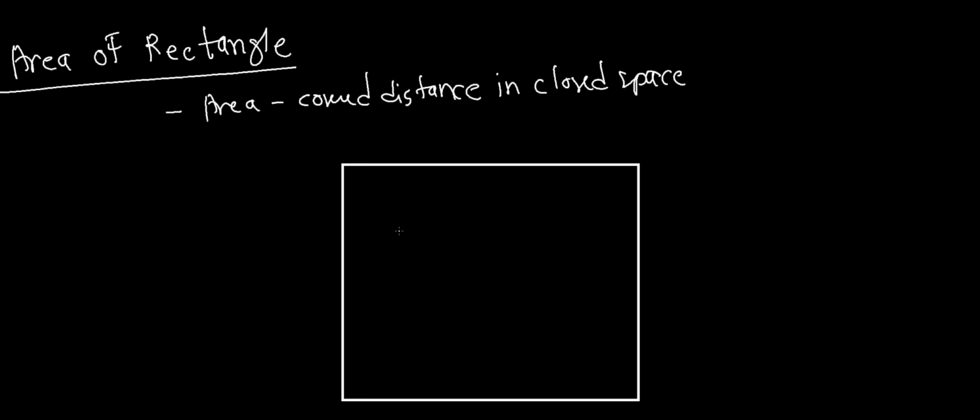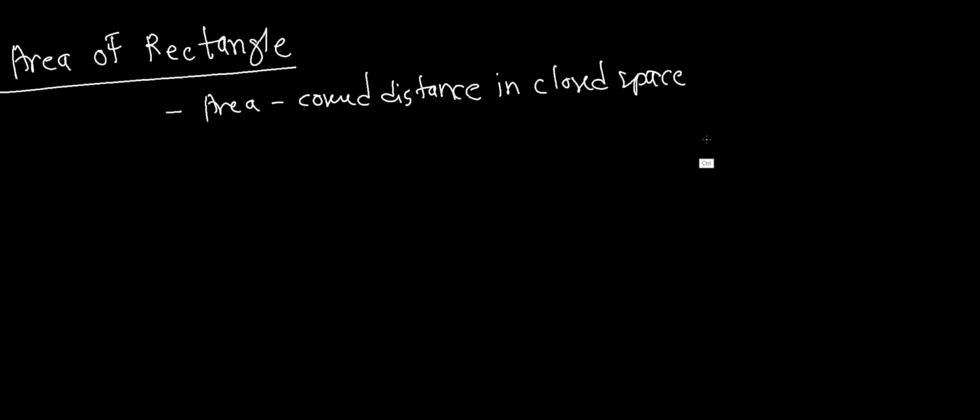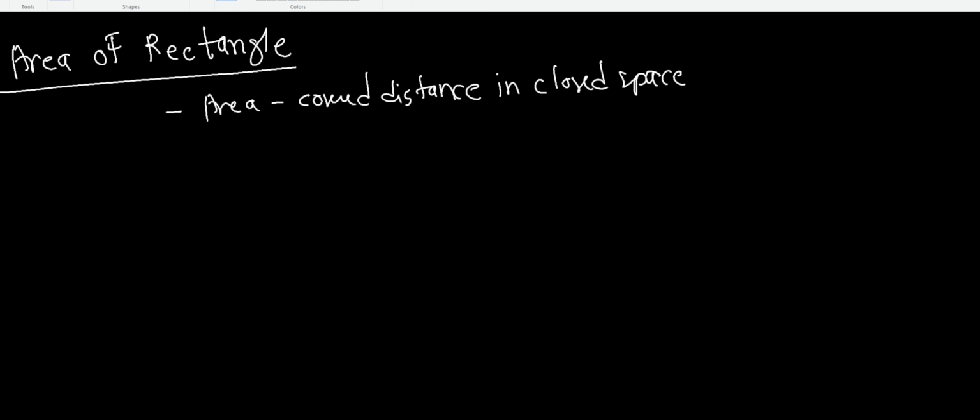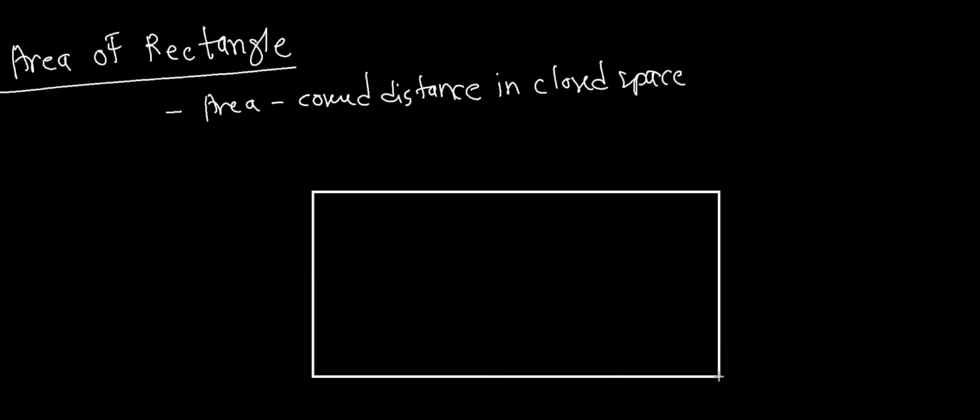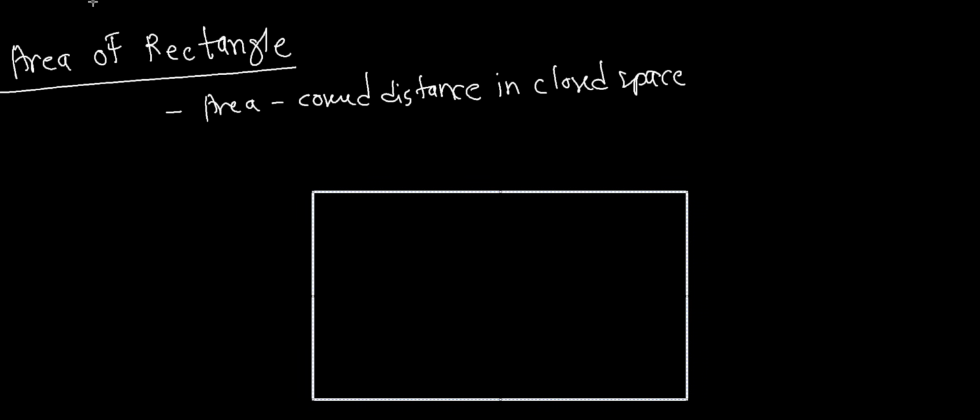So let's say we draw a rectangle and we name it A, B, C and D, and here we consider the length of this rectangle. Sorry, it should look like a rectangle, it is looking like a square. We'll draw a rectangle again. Now it is better.